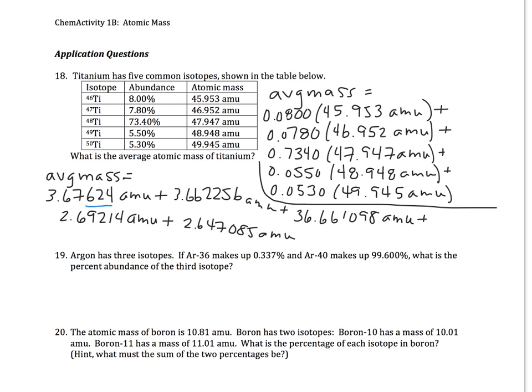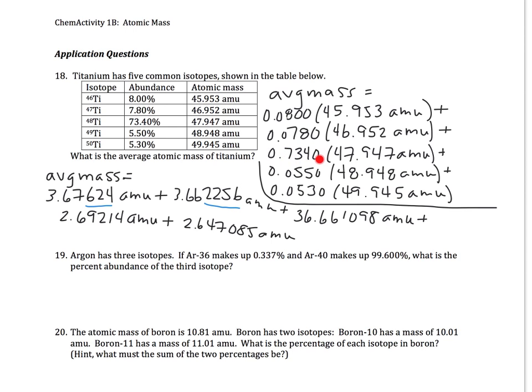If we do the same thing for the second term, this 0.0780 has 3 significant figures, this has 5. We always go with the one that has the least. And so the second term also can only have 3 significant figures, so I'm going to underline all but the 3.66.